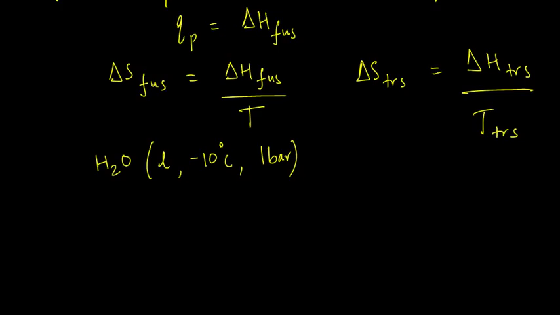This is called supercooled water. And there are lots of examples of supercooled states, for example, glass. These are all supercooled states of matter. So we have a liquid at minus 10 degrees C, 1 bar. But of course, it is not a stable situation to have water at minus 10. The moment you disturb it, it crystallizes into ice.